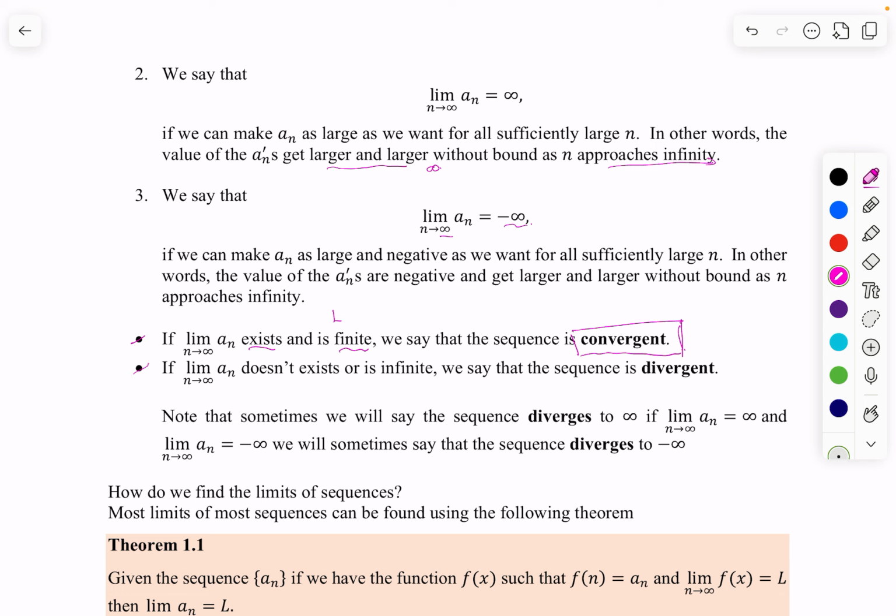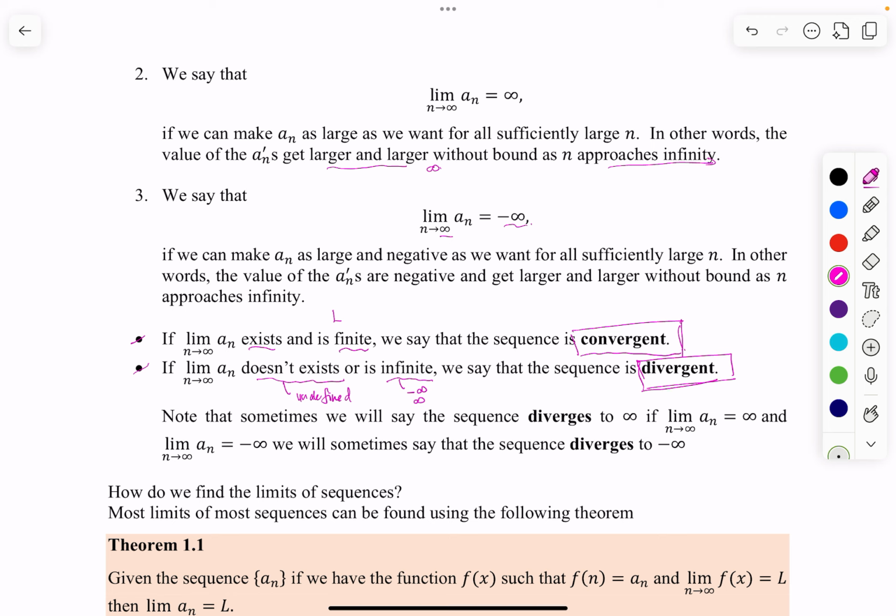Okay, second one, if the limit of the sequence does not exist or is infinite, meaning it can be infinity, negative infinity, or it doesn't exist or is undefined, when you find the limit of the sequence, we say that the sequence is divergent.